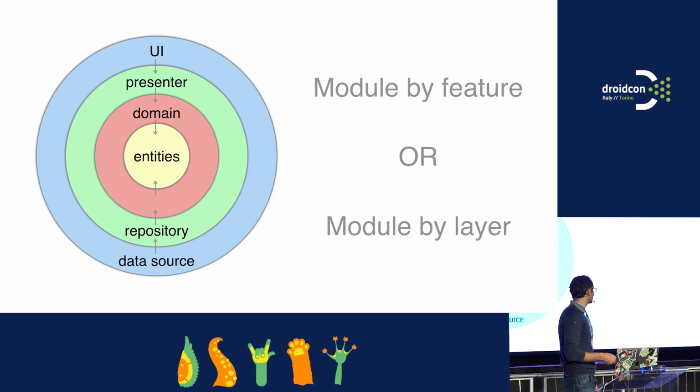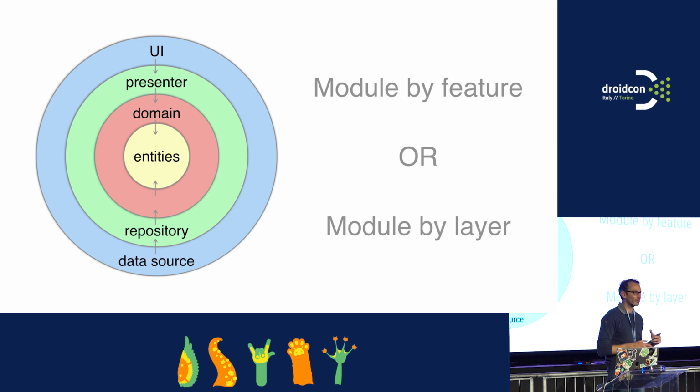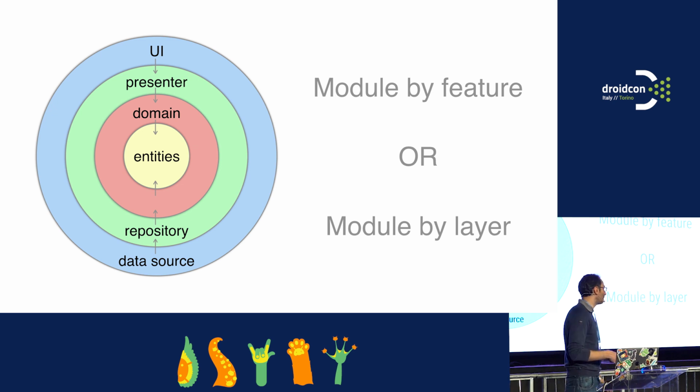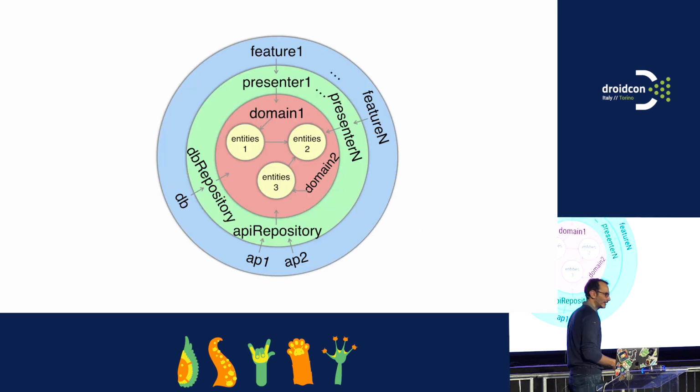Okay, looking at the example, there is something to talk about, that is module by feature or module by layer. In this example, it seems that the clean architecture suggests we create a module for each layer, sorry. So all the UI stuff in the same module, the data source in the same module, all the domain in the same module. In a real example, probably the final result is something like this.